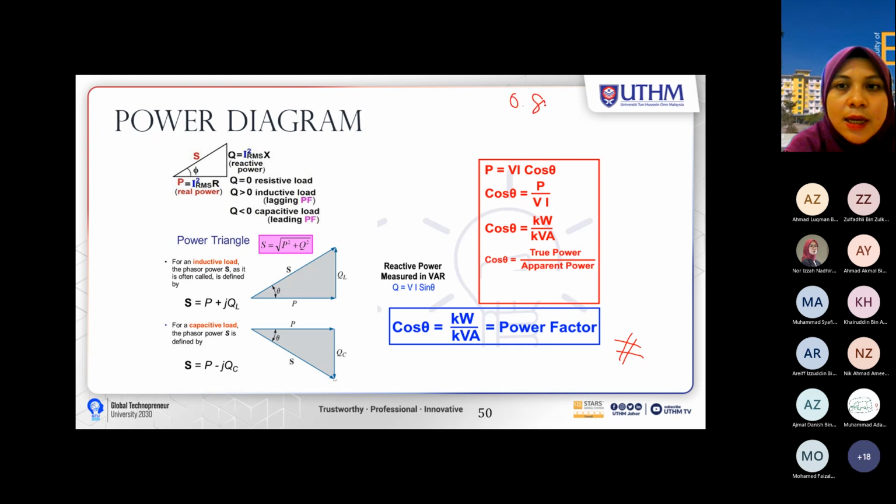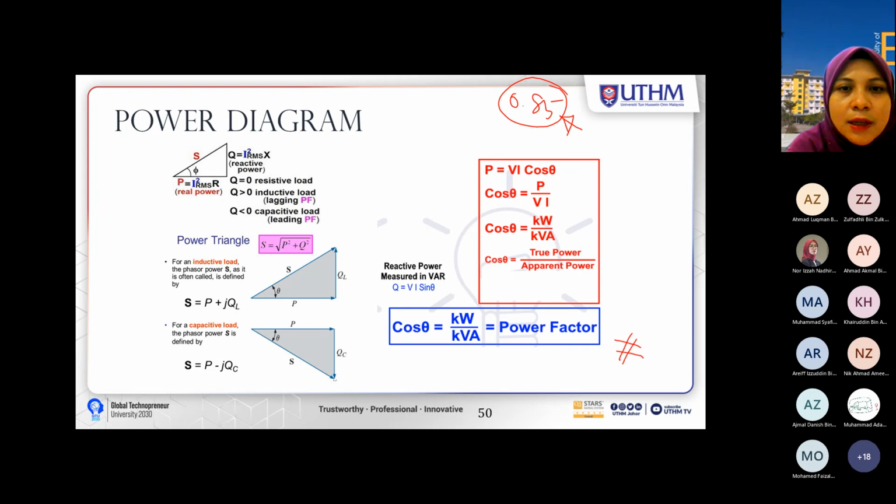So we have to design the cap bank that will maintain the power factor at 0.85 and above. That is why we need to know the application of power factor in our building system. I will explain more details in chapter 4, if I'm not mistaken. But the basics, for those who took GTD, you already know about the power triangle.